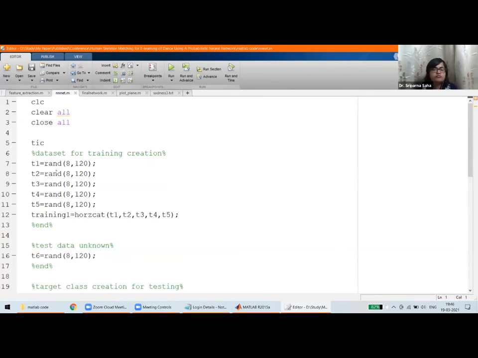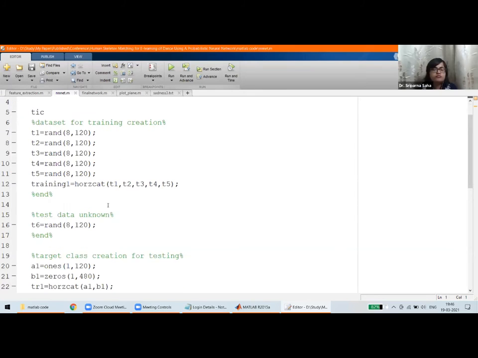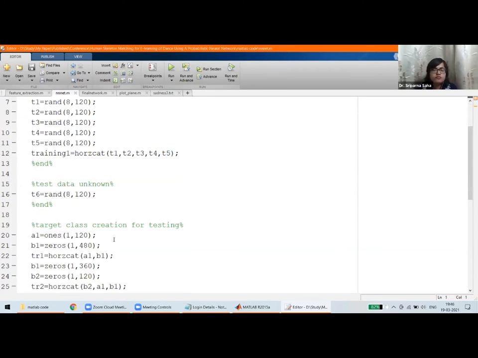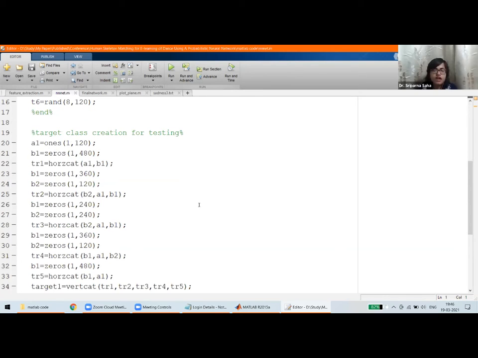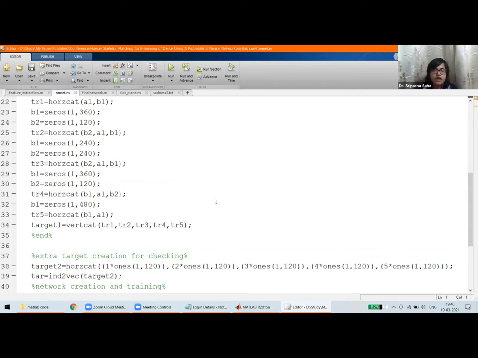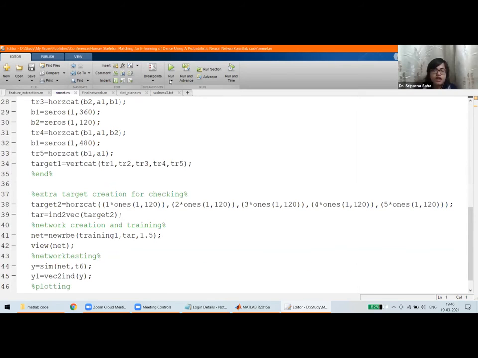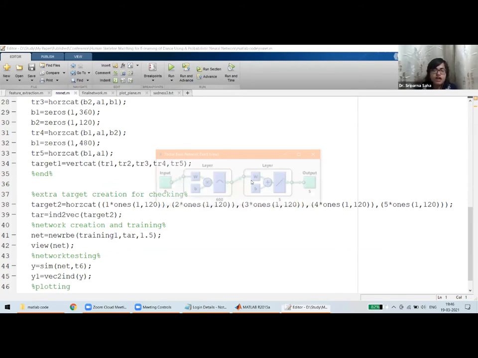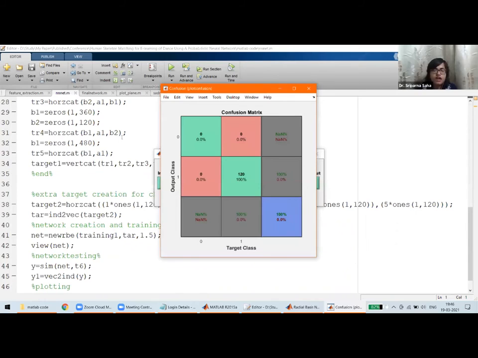So these are the randomly generated data sets, and from that data set a random neural network is trained. It's not our actual neural network, but this architecture has been created just to give you an explanation of the different layers. You can check over here, this is the radial basis function network being created.